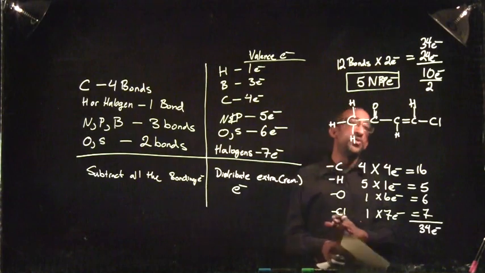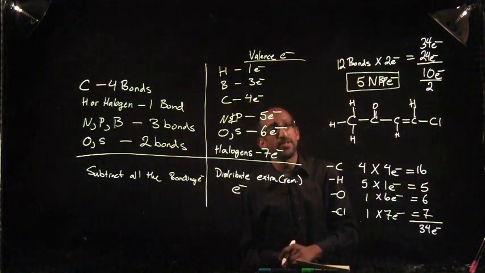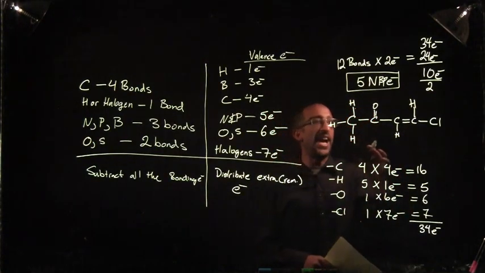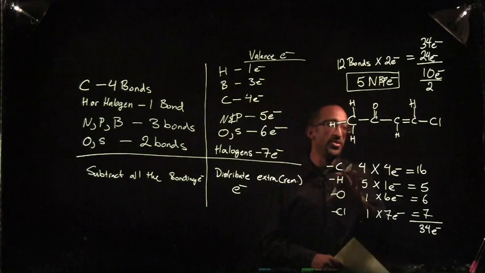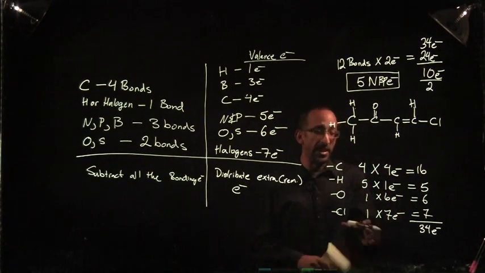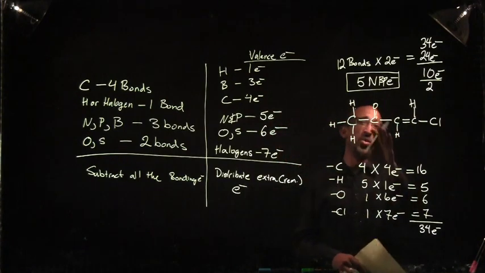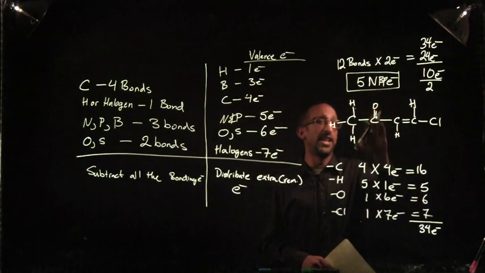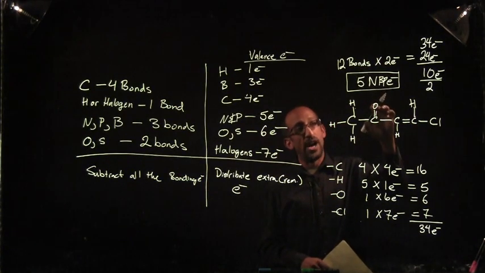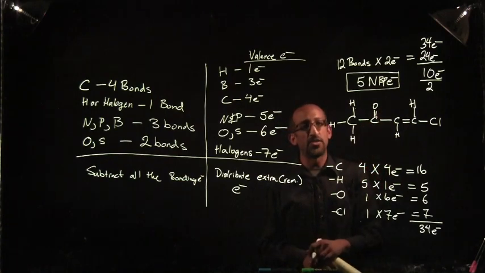So we need to account for all of these 5 non-bonding pairs of electrons. And we do that by looking at the atoms whose valence electrons don't match their number of bonds, so to speak. So oxygen, we have one oxygen, right? It is only using 2 of its valence electrons to form this double bond. So the oxygen provides 1 electron to each bond, and the carbon atom provides 1 electron to each bond.